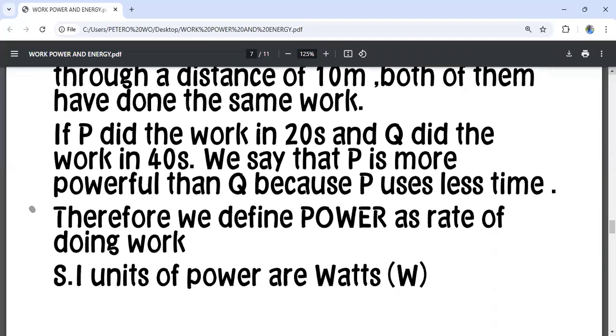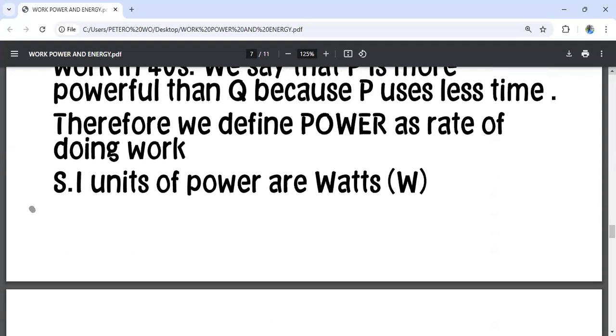Therefore, our definition for power will be the rate of doing work. How much time do you take, or how much work do you do in a certain time. That is what we call power. So power is defined as the rate of doing work.